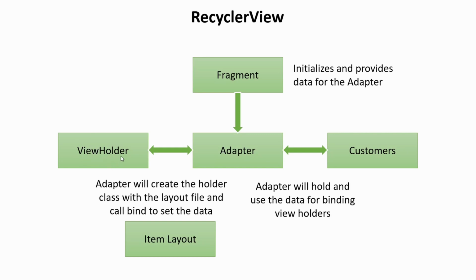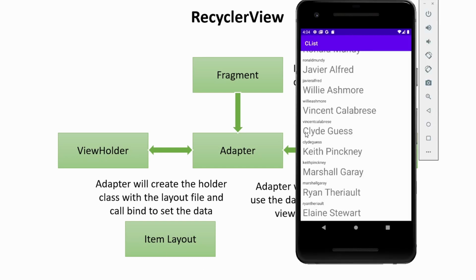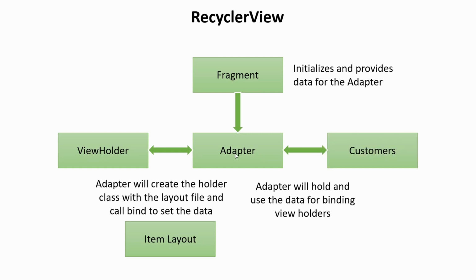These are special classes defined by the adapter that will hold references to the item layout, the individual item layout using the name and the username that is shown in the UI. Once the adapter gets the data, it will initialize view holders to create the views, and then it will call the bind methods to help the view holders set the data on the item. So maybe a little complex, but let us learn as we build it.